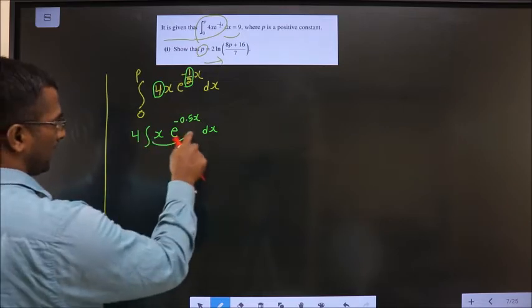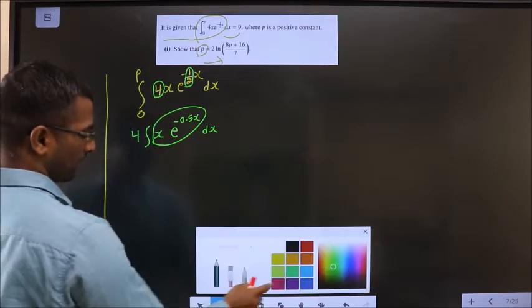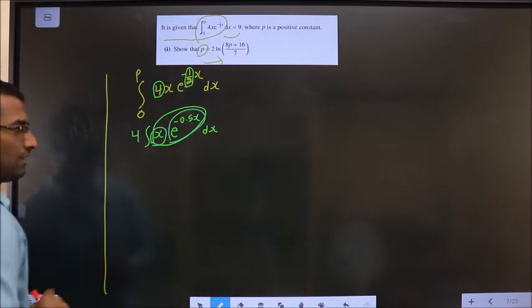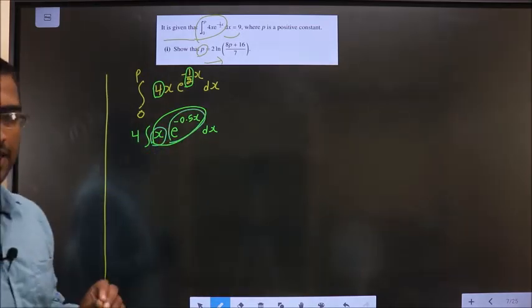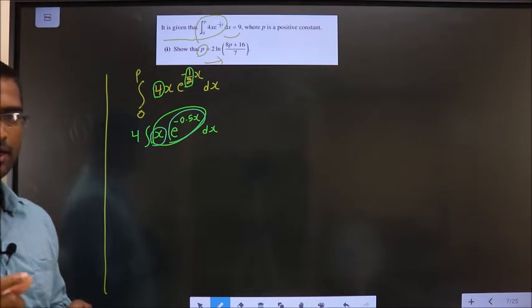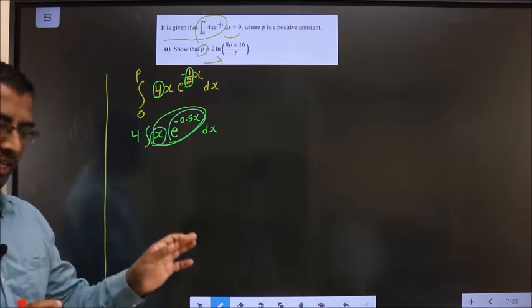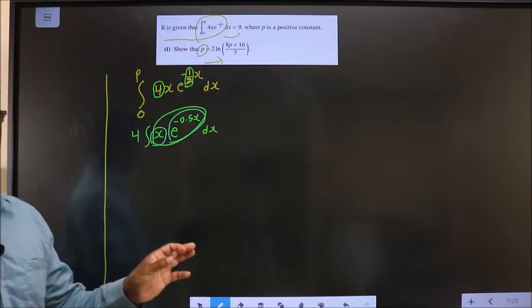In order to integrate this, I analyze that it is a product. Whenever you want to integrate a product, you need to make use of the integration by parts formula. Integrating a product, make use of integration by parts.